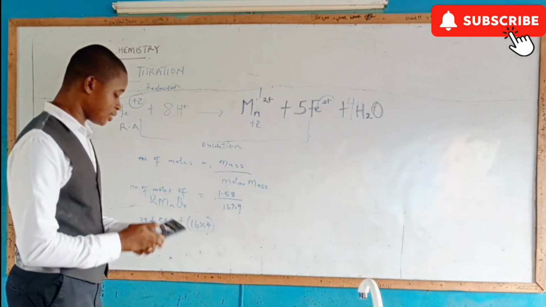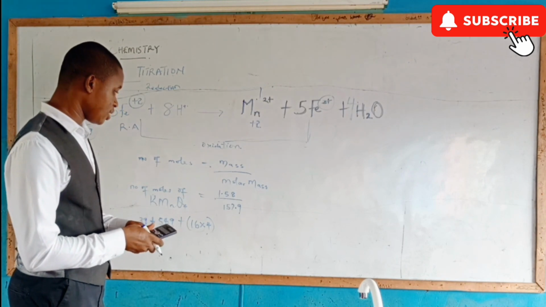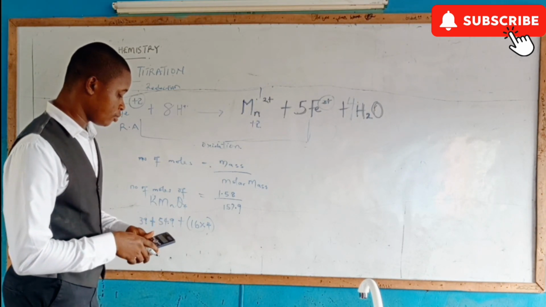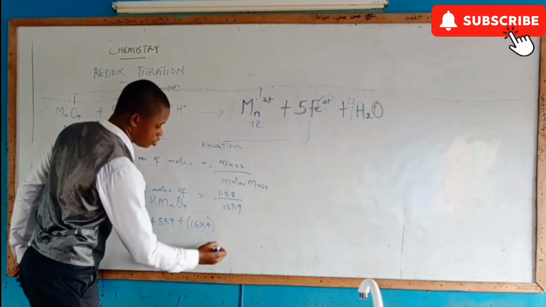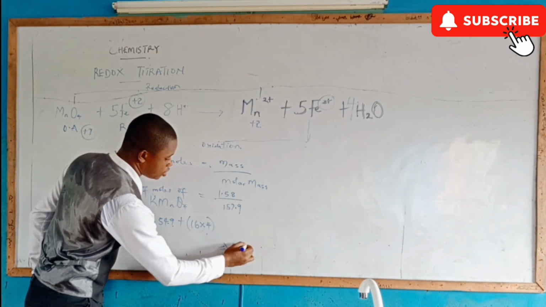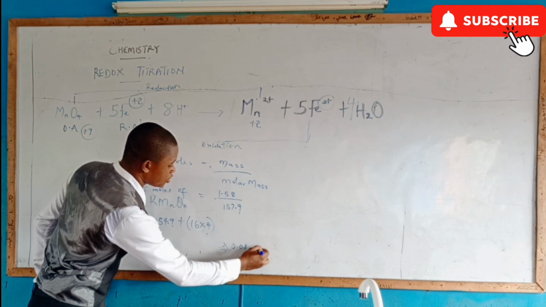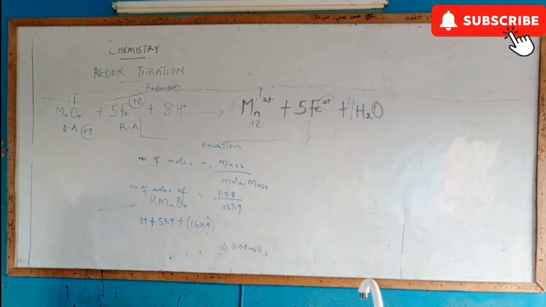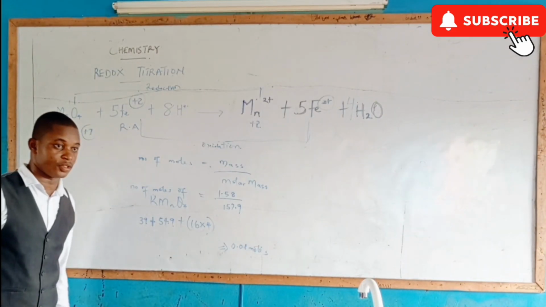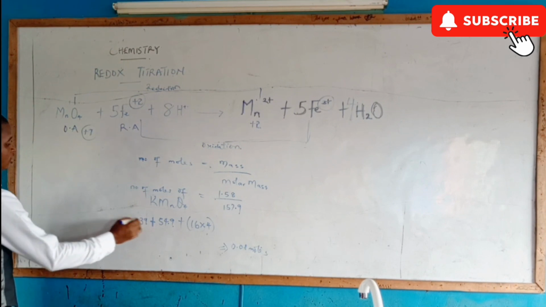When you divide this, 1.58 divided by 157.9, that is equivalent to 0.01 moles. So it's a simple calculation. It's just like what we've done in our various classes. So do not forget, this is the molar mass.